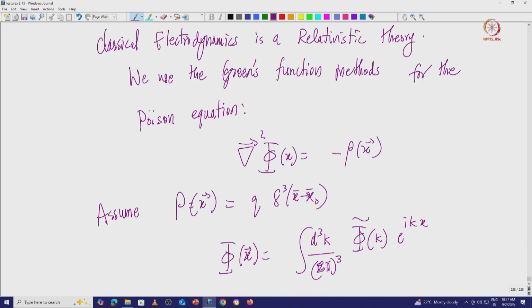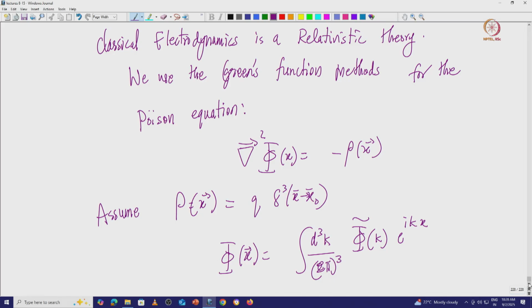Now put it back into the equation essentially. What will happen to this when the derivative acts?